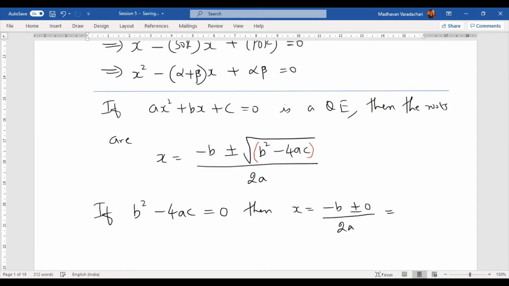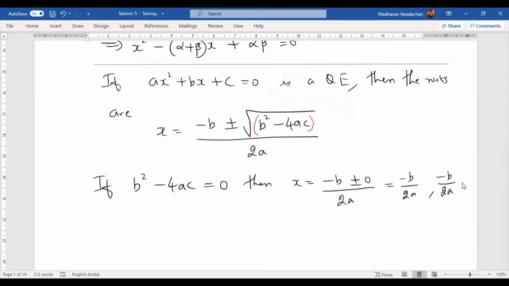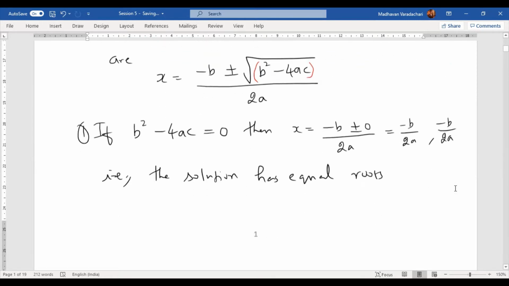So it is minus b plus 0 by 2a, and minus b minus 0 by 2a, which will also be minus b by 2a. This means the solution has equal roots. This is when b square minus 4ac is 0.